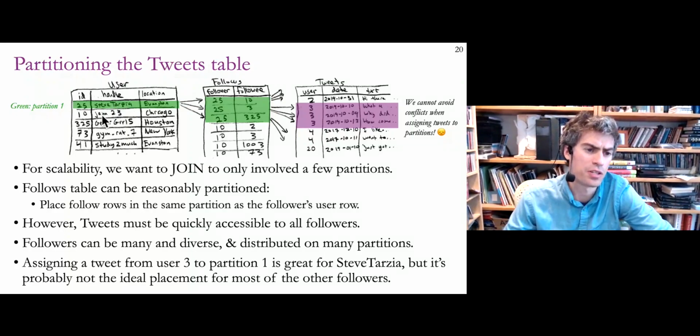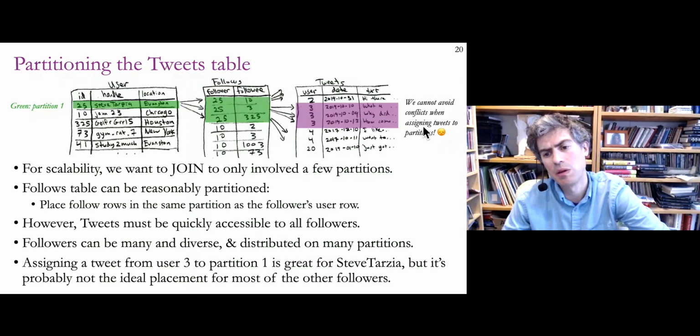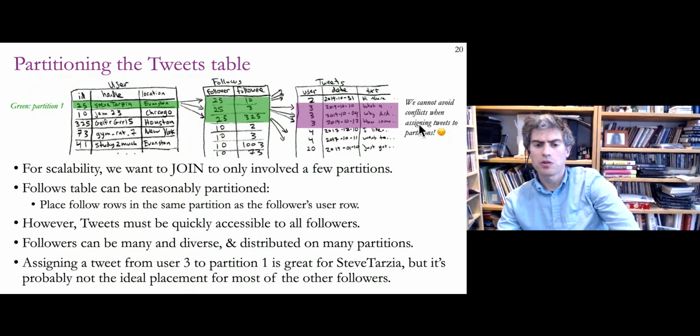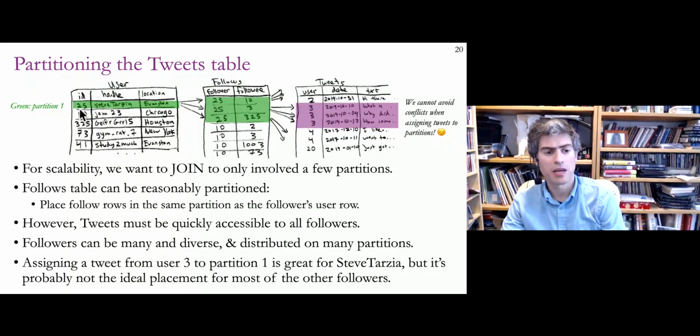We can call that partition 1 and label it green. And you can put the record of who I follow in that same partition. That works fine. But once you go to the tweets of the people I follow, if we were to assign those to the same green partition, that would make the access for me fast, right? I would be accessing just one database partition.